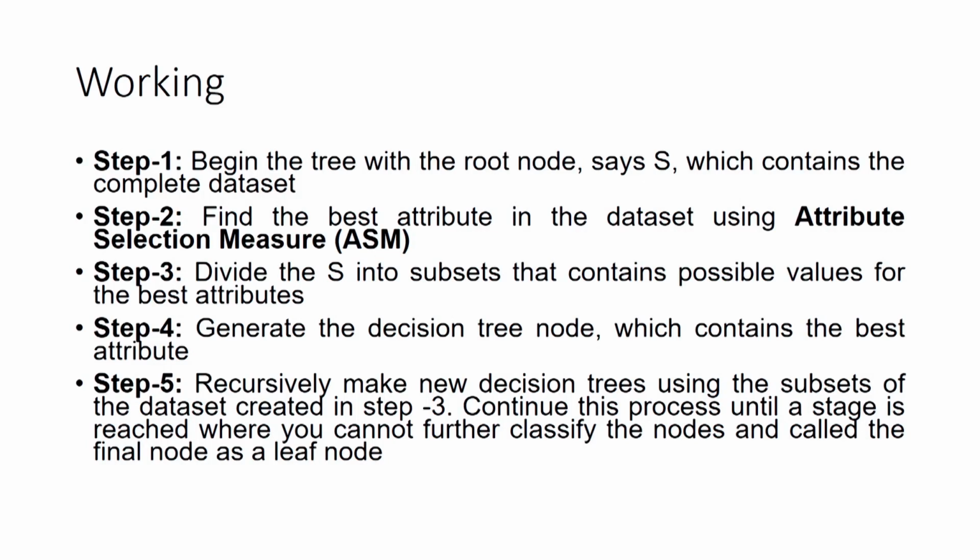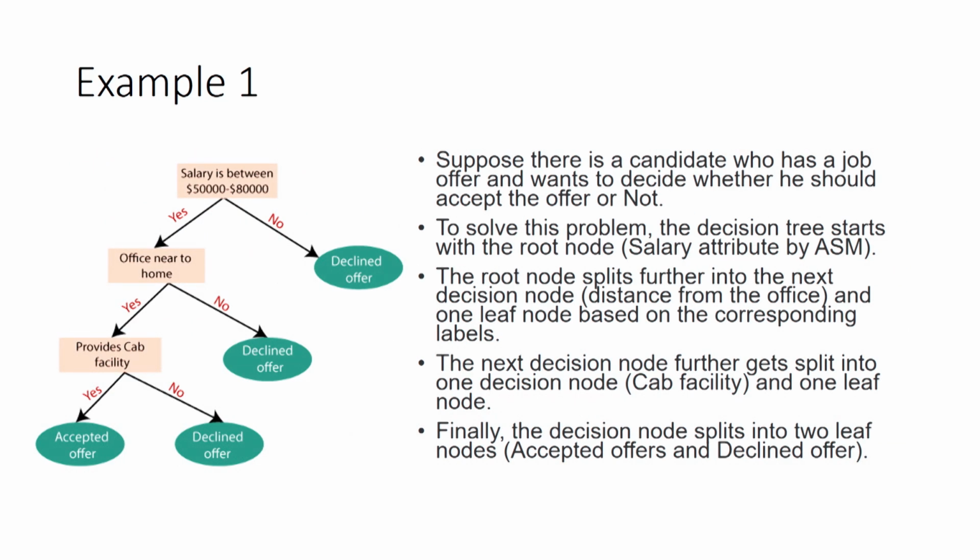We will split them again, and for splitting we will find the attribute selection measure to decide which particular attribute or feature we should use to divide that node. This we will do until the stopping criteria is met. At that time we will stop and the model is learned.